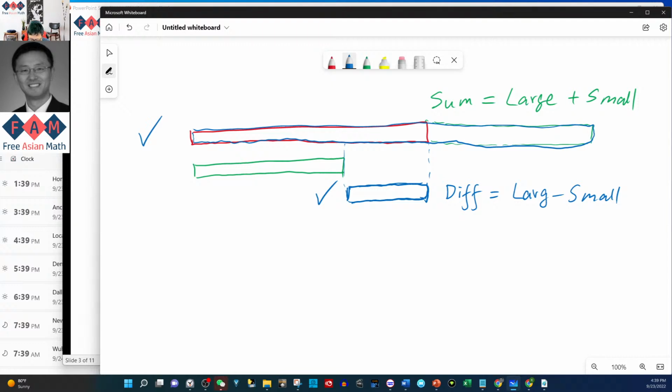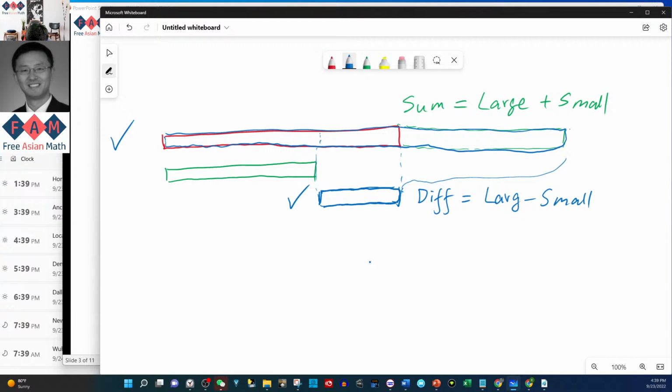So if we only know those quantities, how do we know the original red bar and the green bar? With this kind of visual aid, you can see that if we reattach this difference, the smaller green bar, to the very end of the sum, which is the long bar at top, then we will see that this shorter blue bar is actually the difference right here.